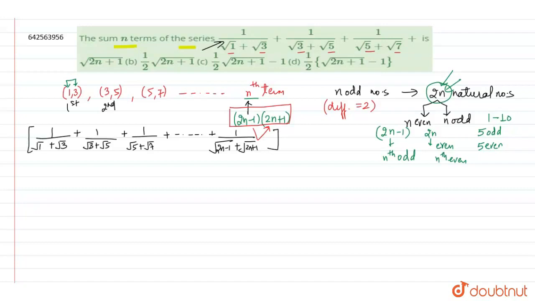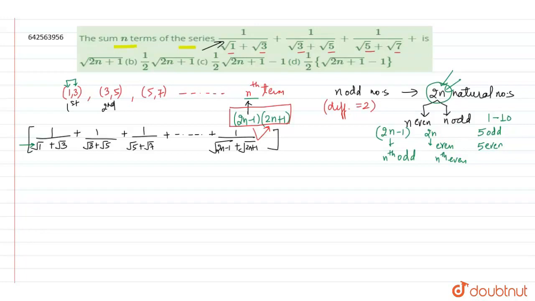As we know very well, we do not accept any irrational number in the denominator, so we have to remove these irrational numbers from the denominator. We have to make them rational. In order to do that, we just rationalize them, multiplying with the change in sign.